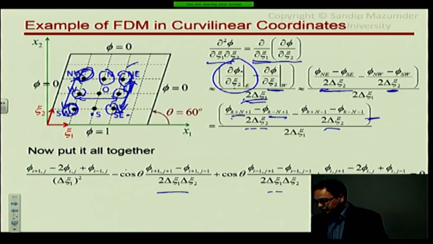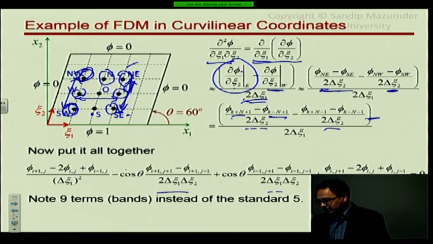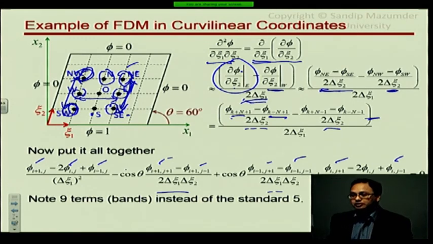Once you put them all together, you see that you have 9 terms now. I have these standard 5 terms, 1, 2, 3, 4, 5: the north, south, east, west, and the middle, and now I have these extra 2 terms showing up to give me 9 terms.